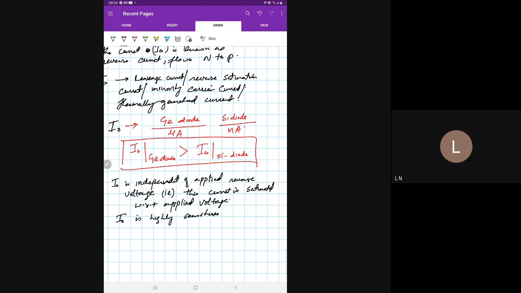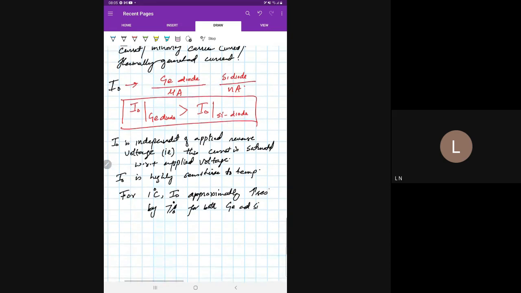For 1 degree centigrade, I naught approximately increases by 7% for both silicon and germanium, that is, for both germanium and silicon based diodes.